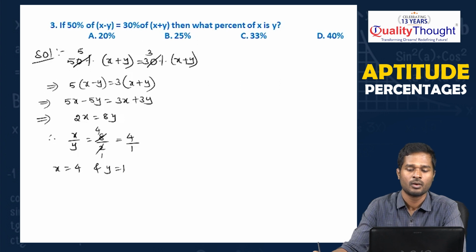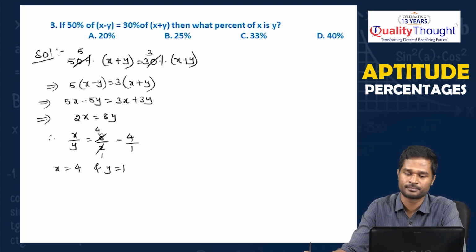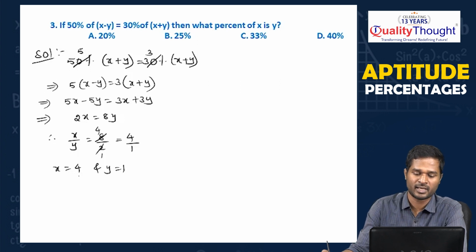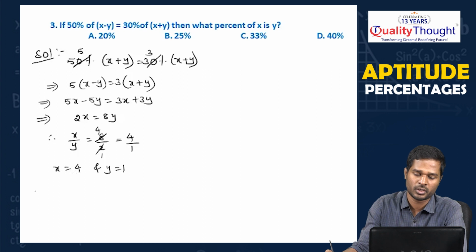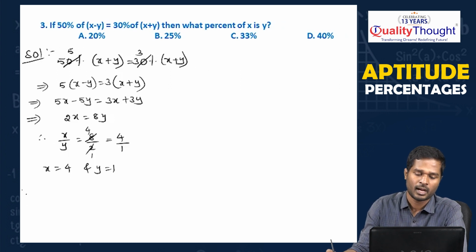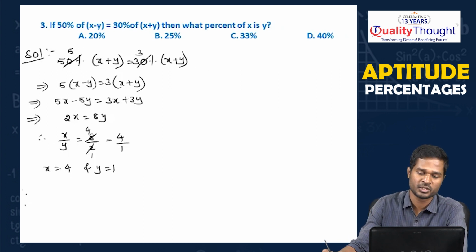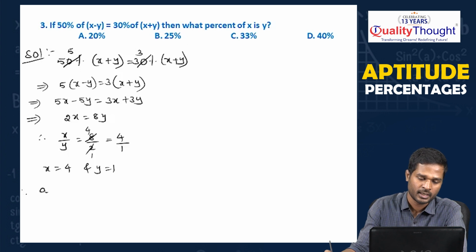See, the question is what percentage of x is y. The x value is 4, you can make it into 4 equal parts, 1 1 1 1, just like we have done in the second question. So 4 ones you can make, each part will be equal to 25 percentage. Otherwise, as per the question, what percentage of x is y. So I will take a percent of x is equal to y.